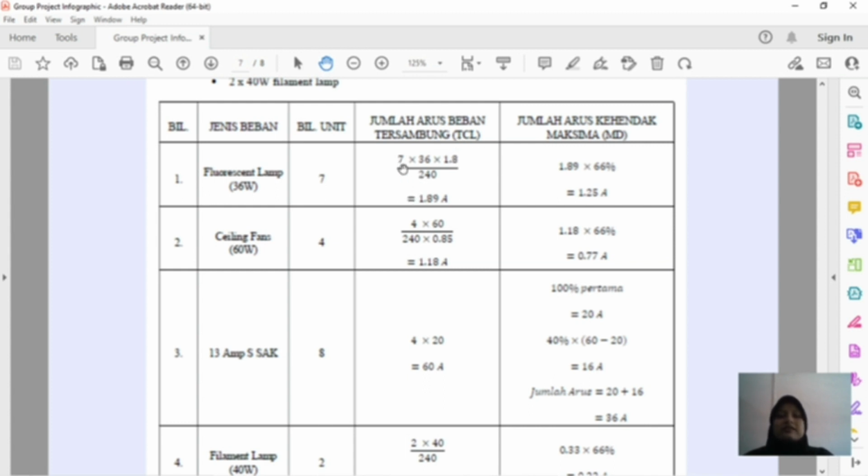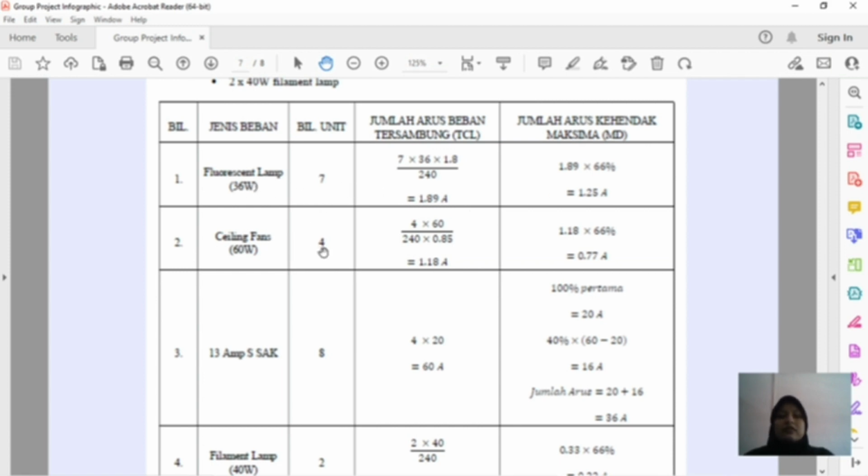First, 7 times 36 times 1.8 divided by 240, and the answer is 1.89 A. Next, with that answer, we go to MD. The answer times 66% will get 1.25 A. That's the answer for the fluorescent lamp.